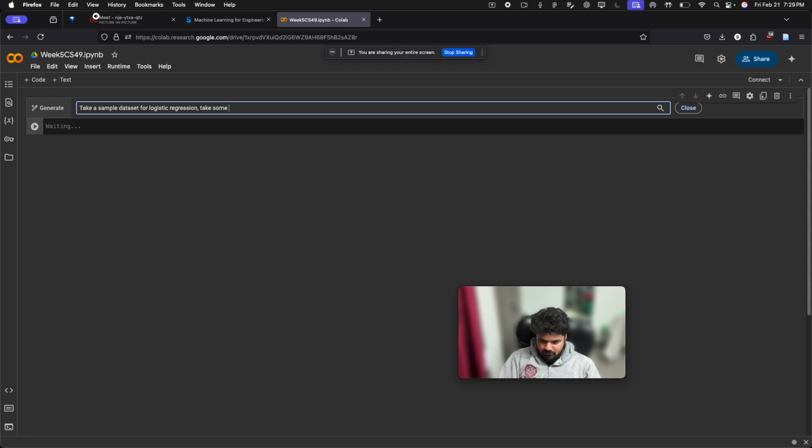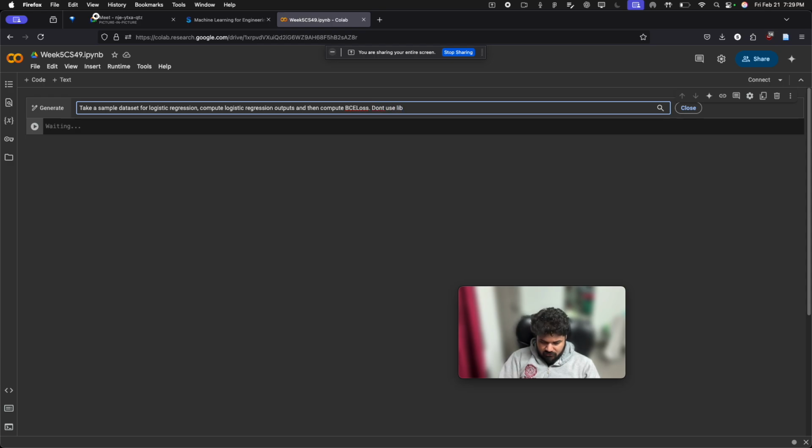Take some random data, compute logistic regression outputs, and then compute BCE loss.